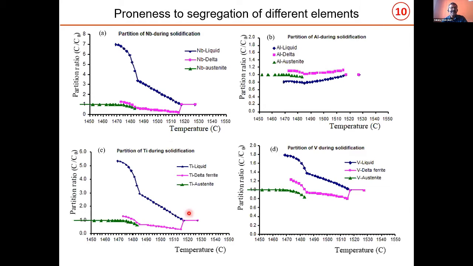Whereas titanium can enrich up to 5 times its average composition. Whereas elements like vanadium, 1.8 maximum, aluminium, even less. So these elements, particularly vanadium, are much less prone to segregation. Niobium is most prone among the microalloy elements, followed by titanium, and vanadium is the least.